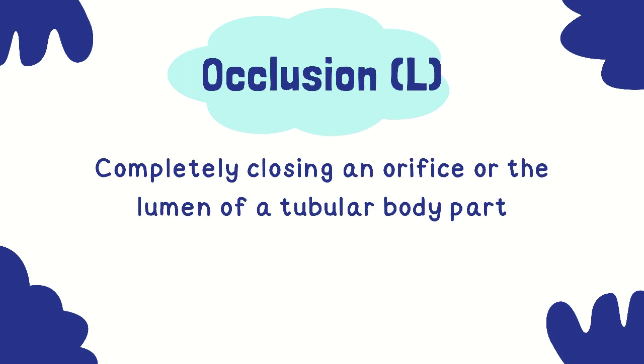All right. Root operation occlusion, which is represented by the character value of L: completely closing an orifice or the lumen of a tubular body part. Character value L, occlusion has an objective of complete closure.